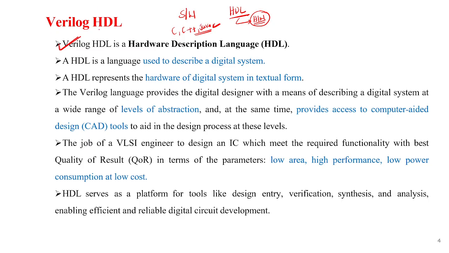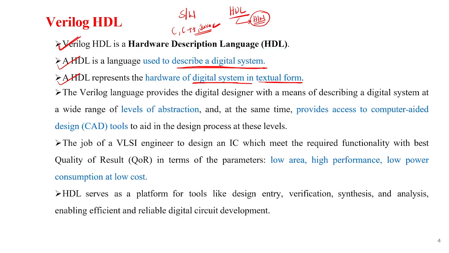HDL is a language used to describe a digital system. HDL represents the hardware of a digital system in textual form. So you are representing your digital design, that means hardware, in textual form, that is nothing but HDL.